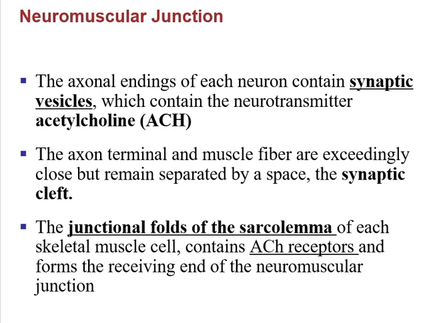The acetylcholine travels across the synaptic cleft and binds to acetylcholine receptors located in the junctional folds of the sarcolemma's end plate. So that's how we're getting a signal from one cell to another. That type of signal being the action potential, which is the electrical current.